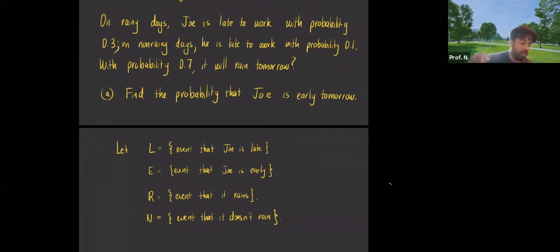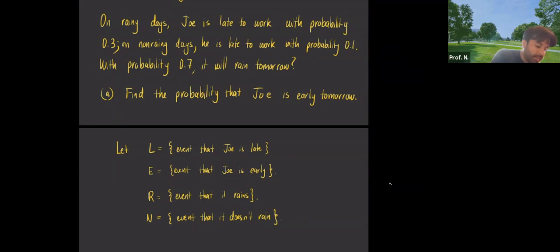Either Joe goes late to work or he doesn't, meaning he goes early to work. I don't think it's talking about being on time, right? So it's either he goes to work early or late, and it either rains or doesn't rain. So those are the four different possibilities of stuff happening, right?